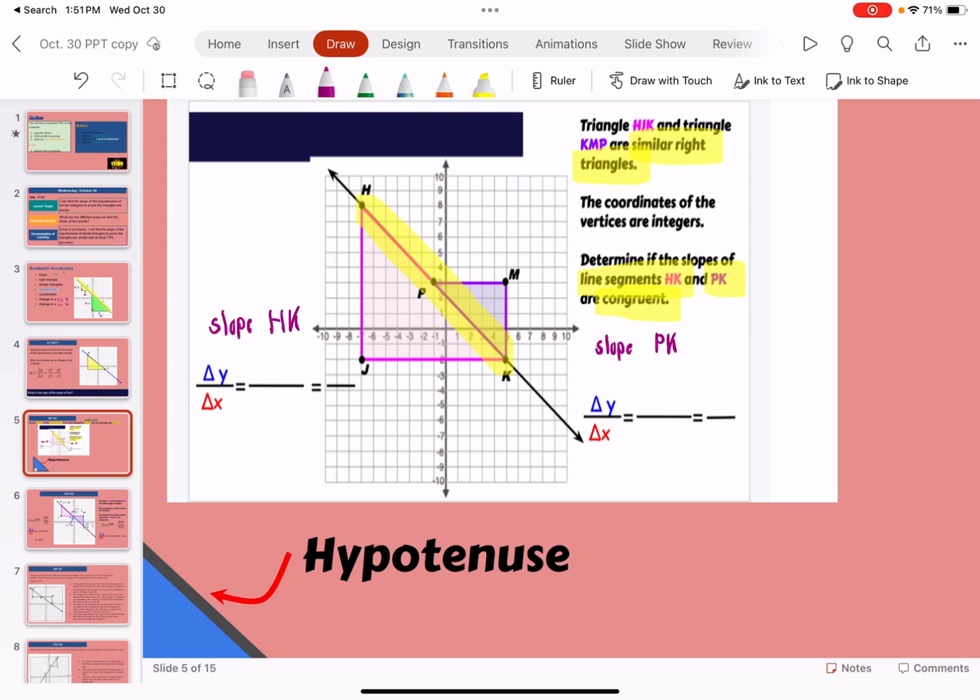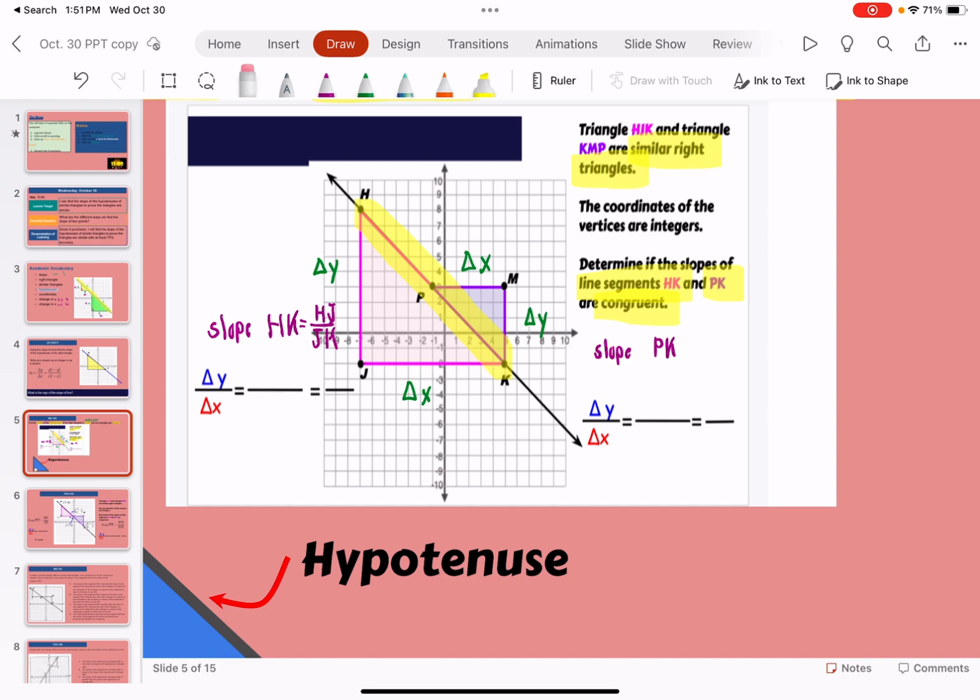And if we wanted to, we can go ahead and label our change in Y, change in X, change in Y, change in X, right? Just to make it easier for us to understand and see. And we know that to find the slope of HK, to find our change in Y, we have to count or find the distance between HJ, which is this side right here, and then, of course, JK, which is this side right here.